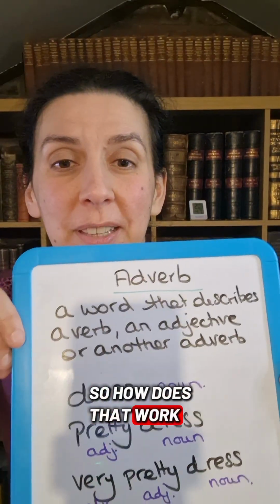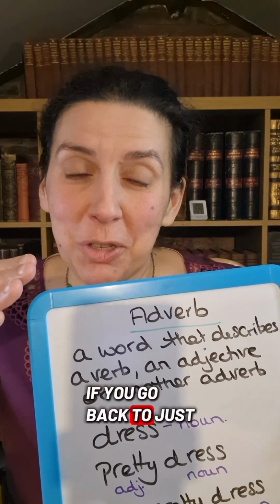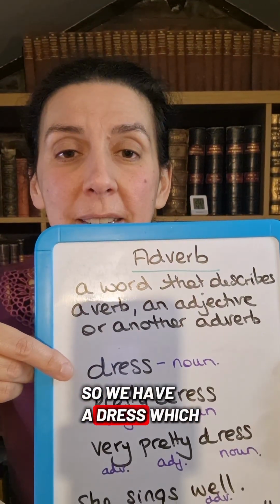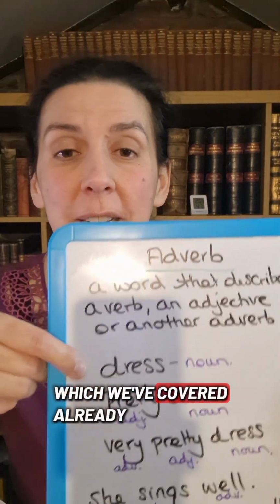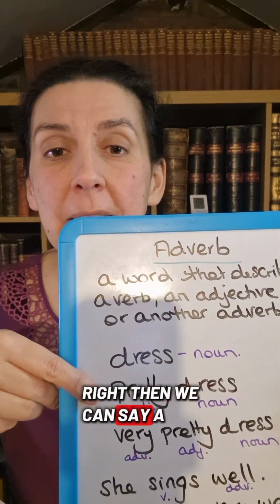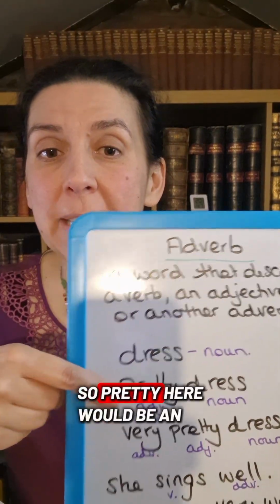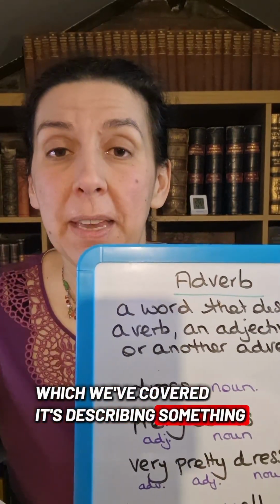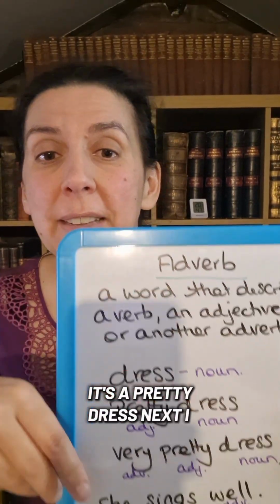So how does that work? If you go back to just the previous post, I gave some examples. So I'm going to give it to you again now. So we have a dress, which is a noun, which we've covered already, right? Then we can say a pretty dress. So pretty here would be an adjective, which we've covered. It's describing something about the dress. It's a pretty dress.